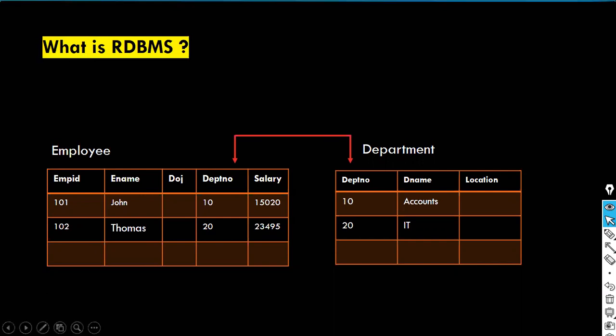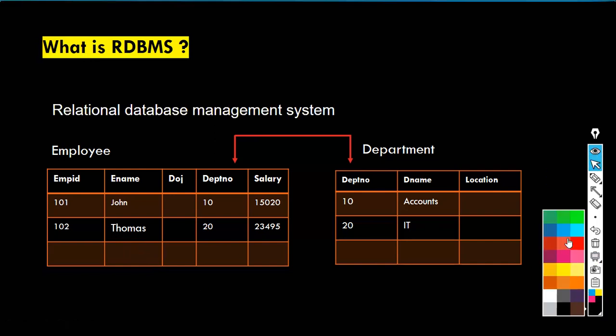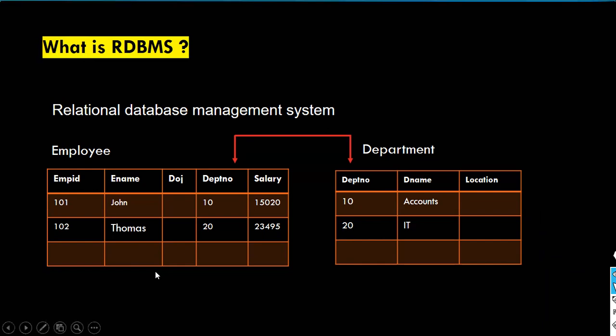For example, in this case, we have two tables here. One table keeps all of our company's employee data, and the other table holds all the departments' data. Supposing you want to generate a report which should have the employee name, department name, and maybe salary.